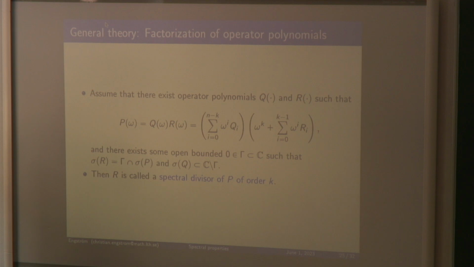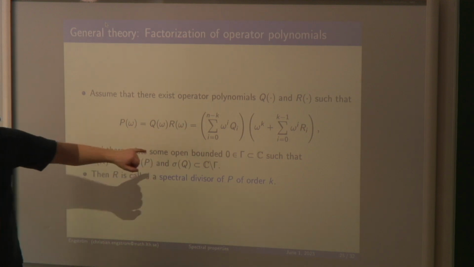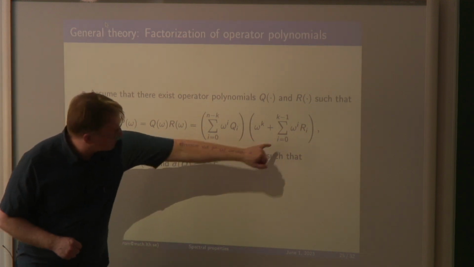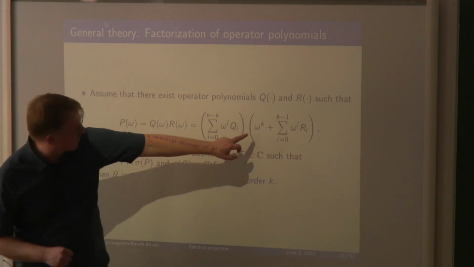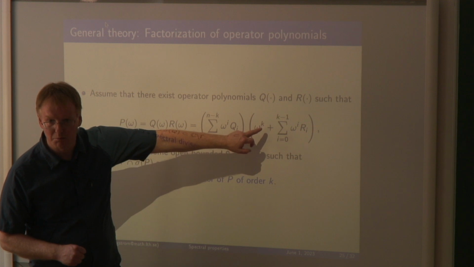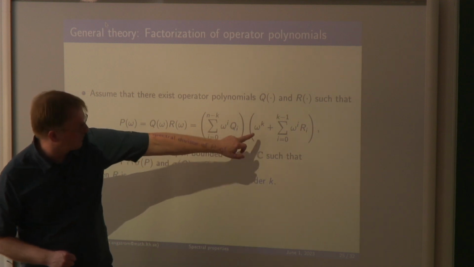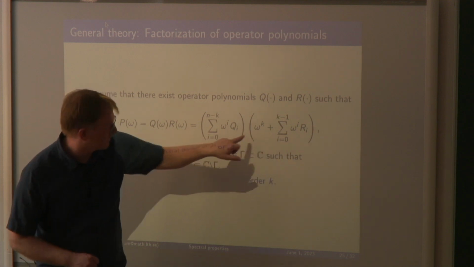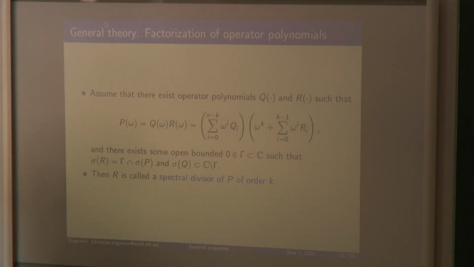I will not go into that, but if we have a general polynomial P, we hope that there exist two polynomials, Q and R, where R has a special structure. So you have this parameter K here. K will be important. K will later be 1 or 2, so it's a low order polynomial.